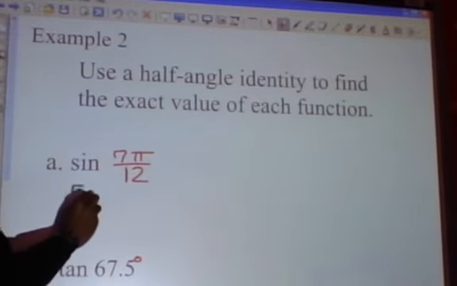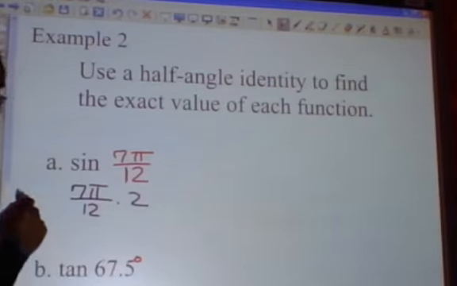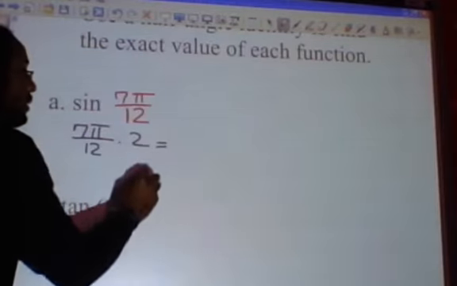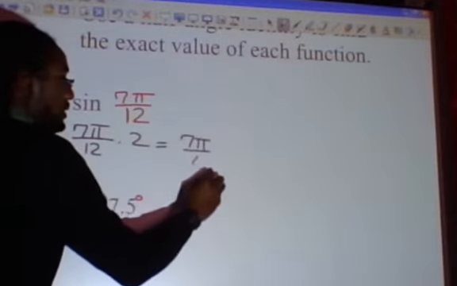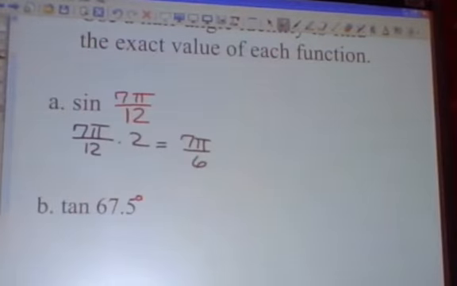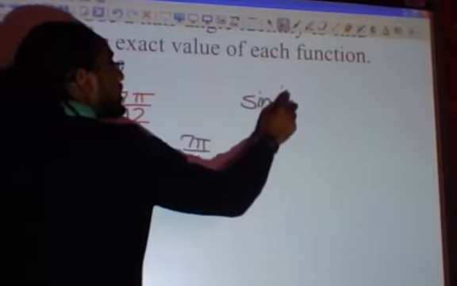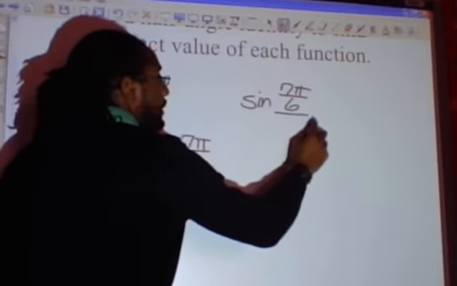So we're going to do 7 pi over 12 times 2, and we're going to multiply and simplify it down. So we're going to cross reduce that. That'll give us 7 pi over 6. Alright, so we're going to look at sine of 7 pi over 6 divided by 2.